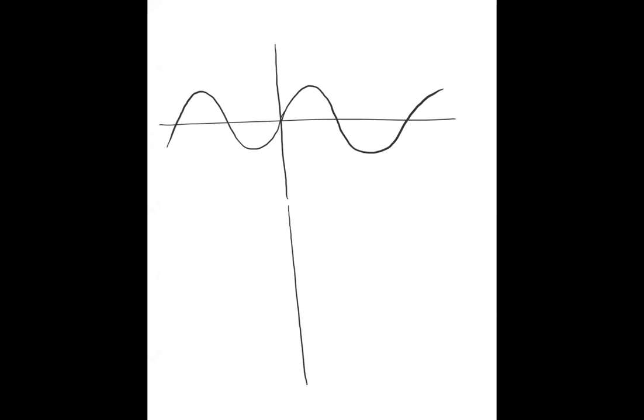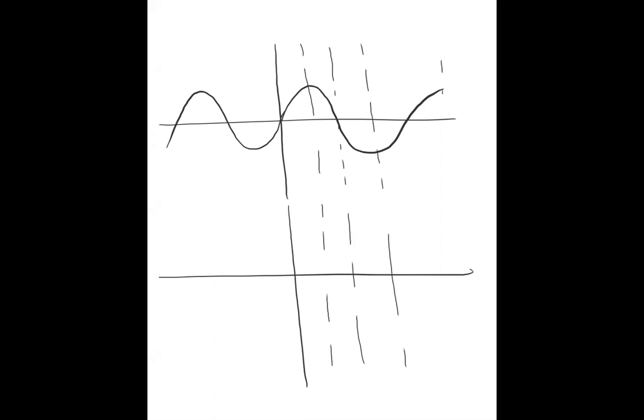Now coming to the different types of graphs. Today we learned that the sin x graph looks like this, and the cos x graph. I am not doing it again; if you draw the lines, you can compare them.